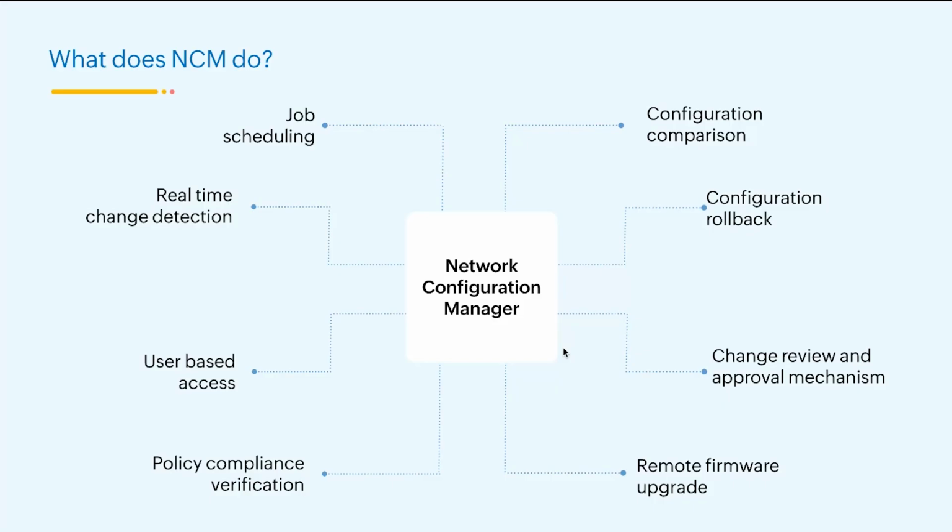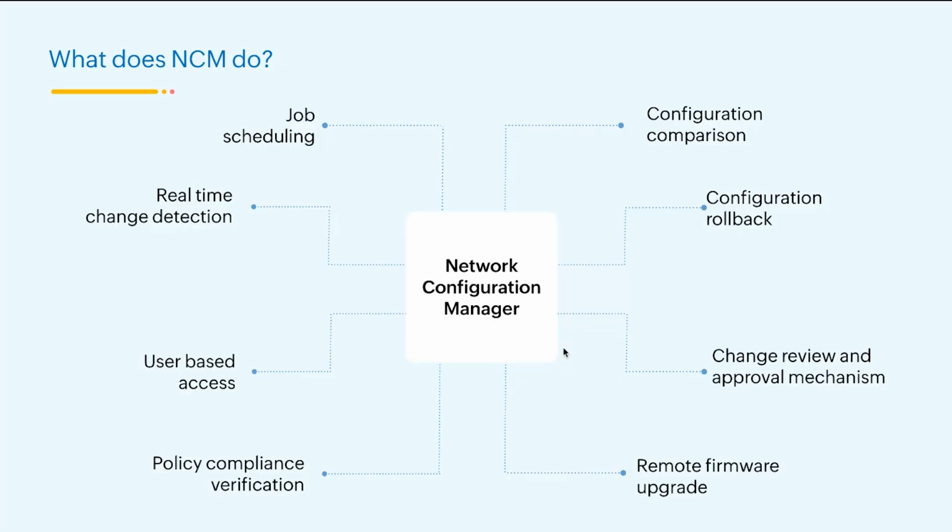And we have configuration rollback. When you're pushing a configuration change, it sometimes results in performance or security issues. In such cases, you need to revert the change as quickly as possible. With configuration rollback, you can revert your network's configuration to the baseline version or the previously stable version.